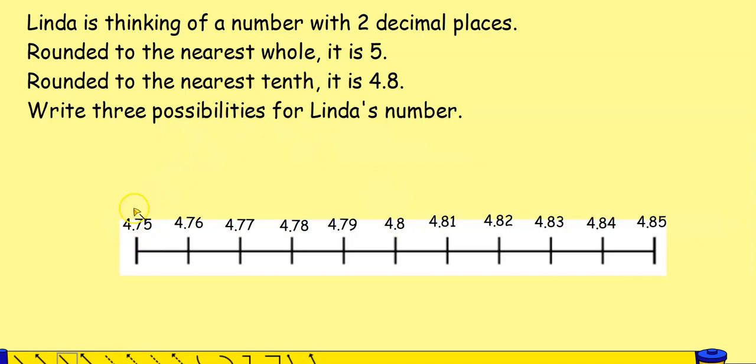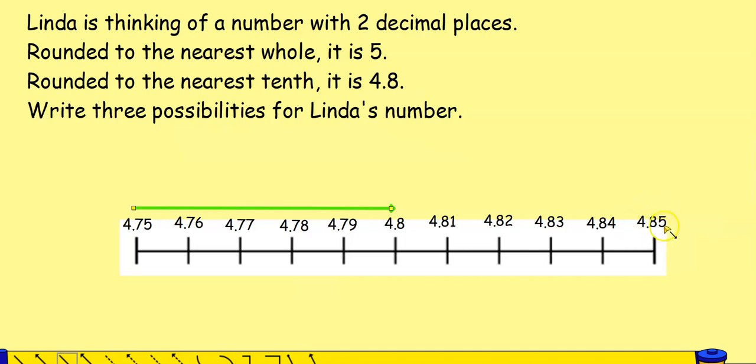So we know that anything halfway or more will be rounded up to 4.8. So Linda's number could be any of these here, because we know once we've found the midway point between 2 numbers, and in this case we're looking at 10, so between 4.7 and 4.8, it would be rounded up to 4.8. But don't forget that we've got another side to look at here.